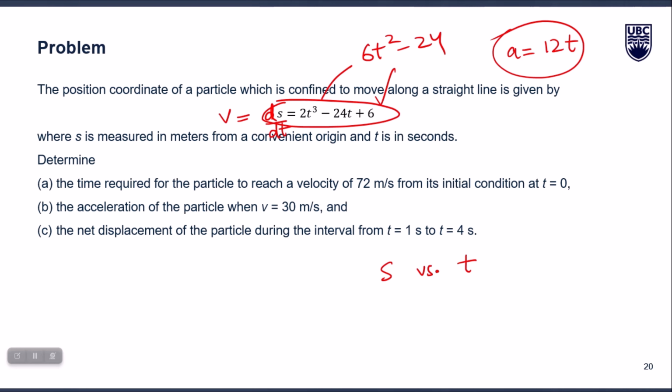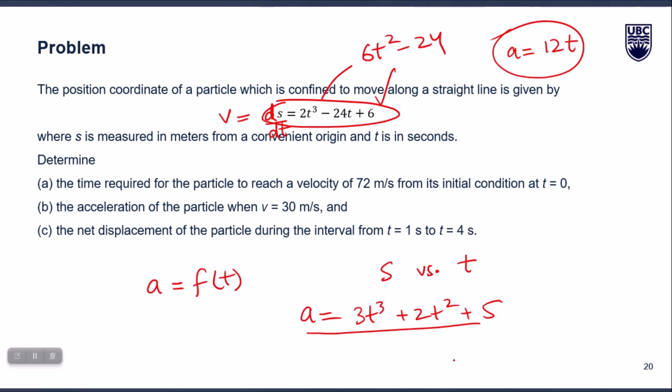For example, if I give you acceleration as a function of time, like if I say acceleration is 3t cubed plus 2t squared plus 5, that is again easy because you have acceleration as a function of time, so you can simply integrate it with respect to t and integrate it one more time to get displacement, right? So you can do it analytically and you can also do it graphically.